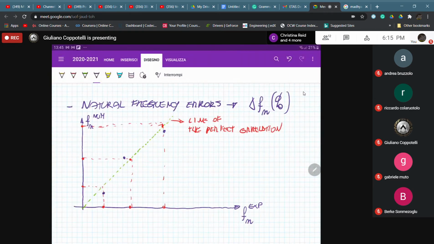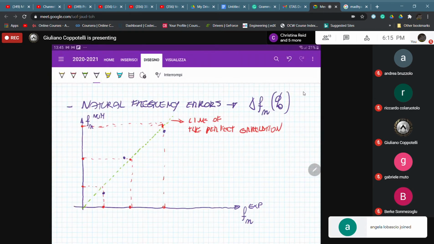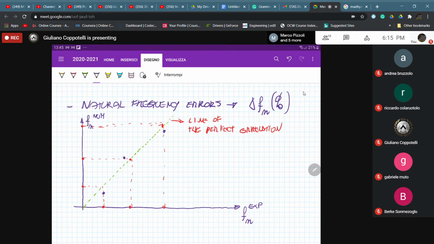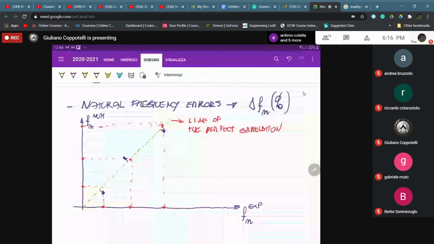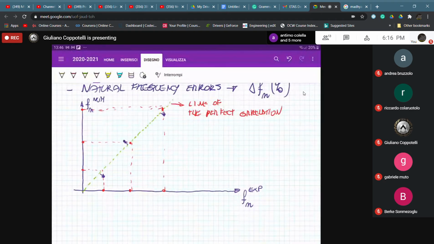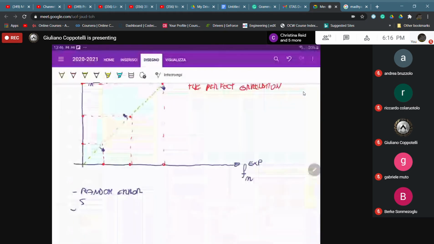Okay, so what is happening is that we are having a deviation from the ideal condition, that is the slope 45 degrees, and so what we can say from that is not only the random error, but also we can have information of a systematic error.